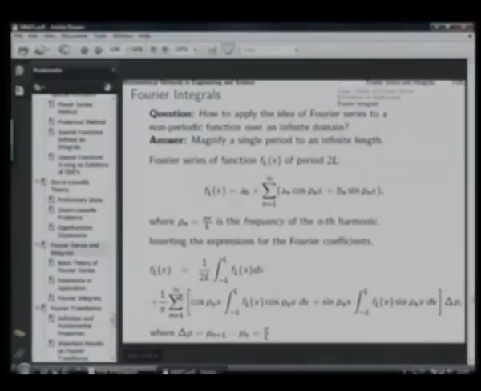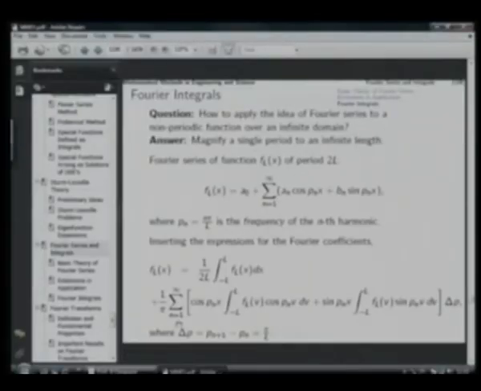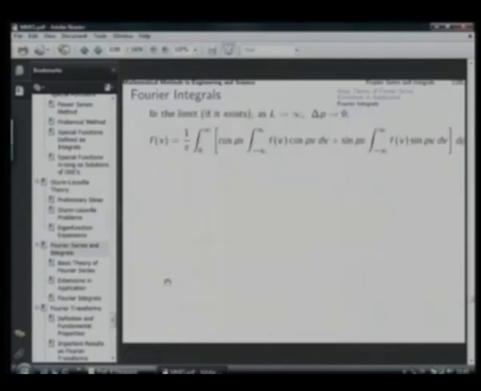That means this sum of discrete terms will get replaced with the sum of infinite terms which are continuous, and that is an integral. So, this sum from n equal to 1 to infinity will become the integral from 0 to infinity, and the minus l to l integrals for the coefficients will turn out to be simply integrals from minus infinity to infinity, and delta p can be now replaced with dp.